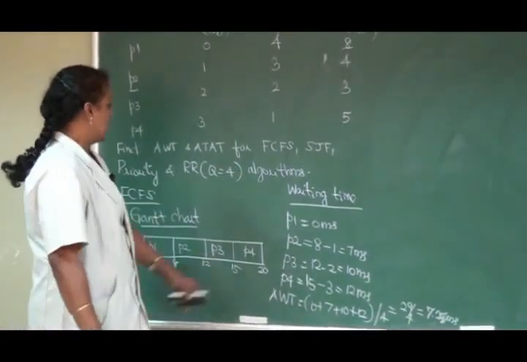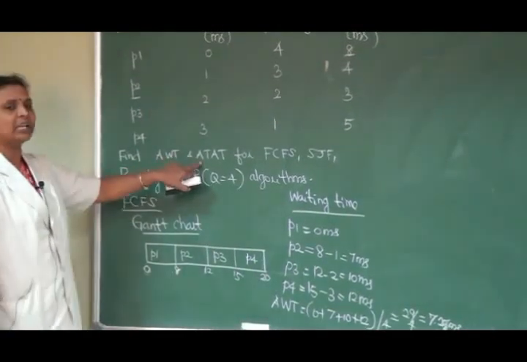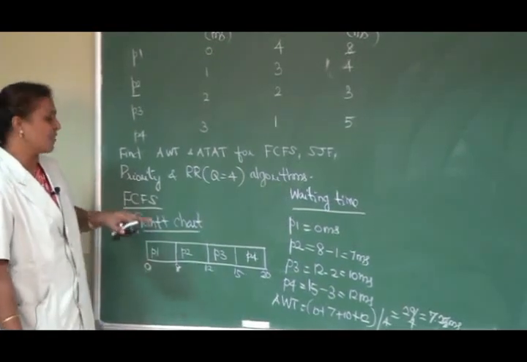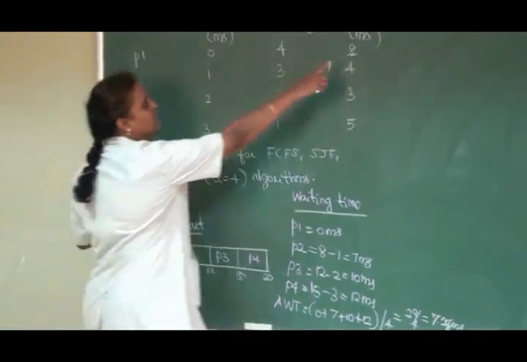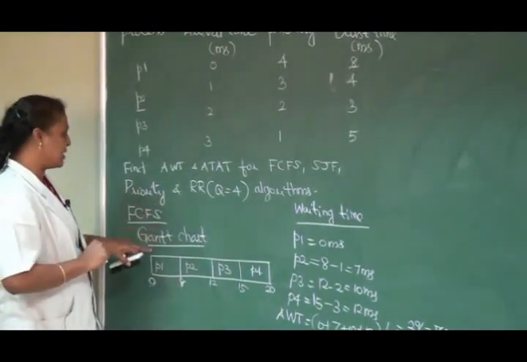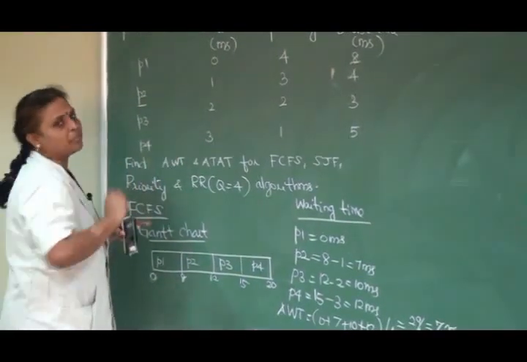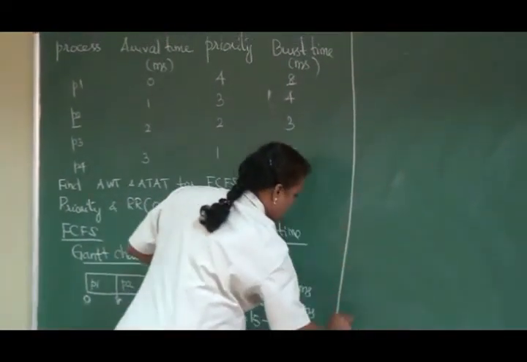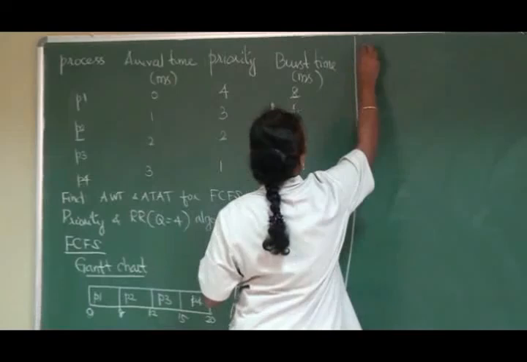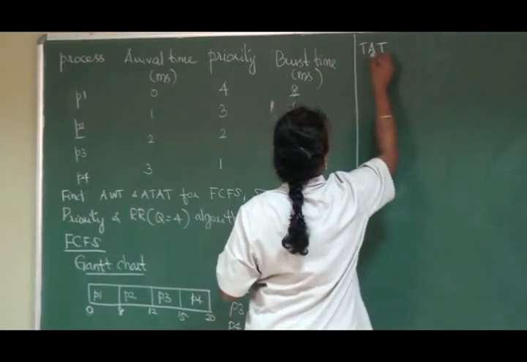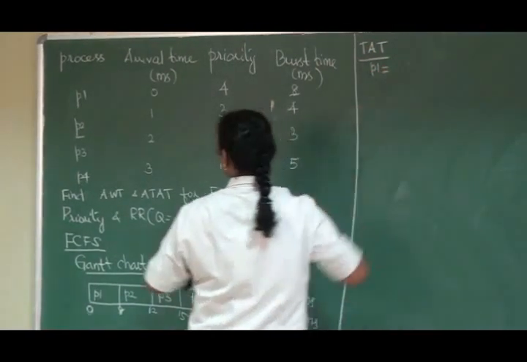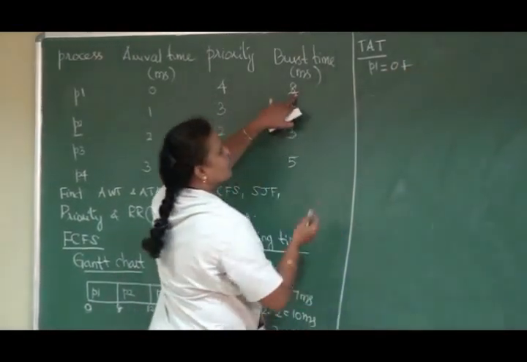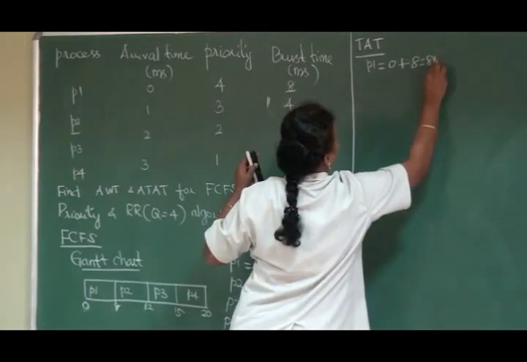After calculating waiting time, we can calculate turnaround time. Turnaround time of a process is the waiting time of the process plus its burst time. So turnaround time of process P1 is its waiting time 0 plus its burst time 8, so 8 milliseconds.